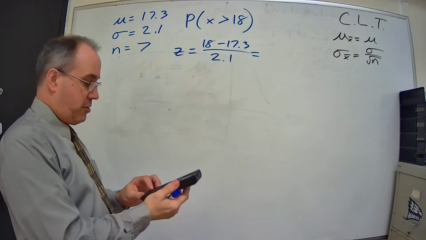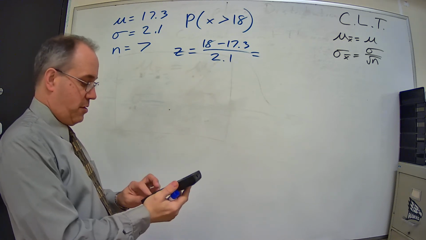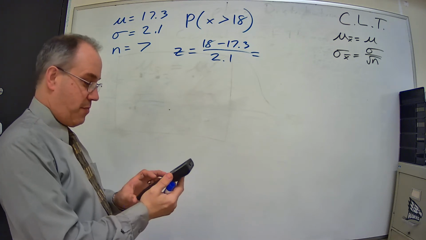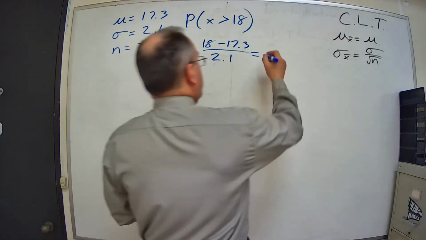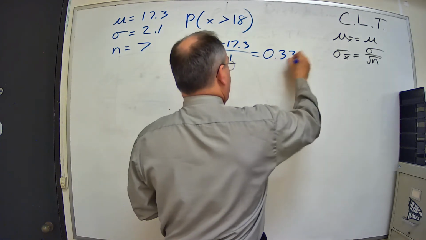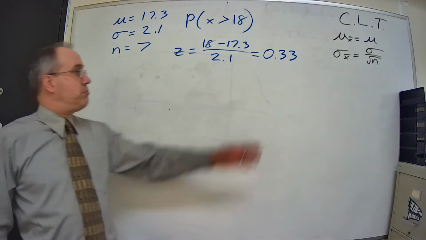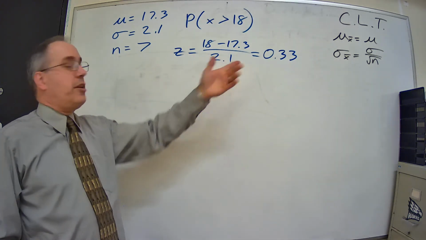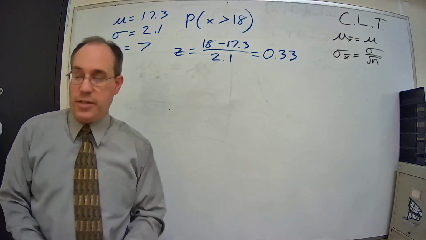But just so that I don't say anything stupid, we'll subtract. 1/3 it is. So 0.33. Now, I rounded that to 2 decimal places because I'm going to now look this up in our table.